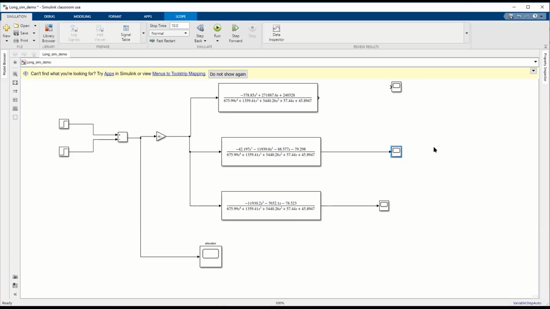I can label these. This is alpha. This is velocity. And this one is theta.